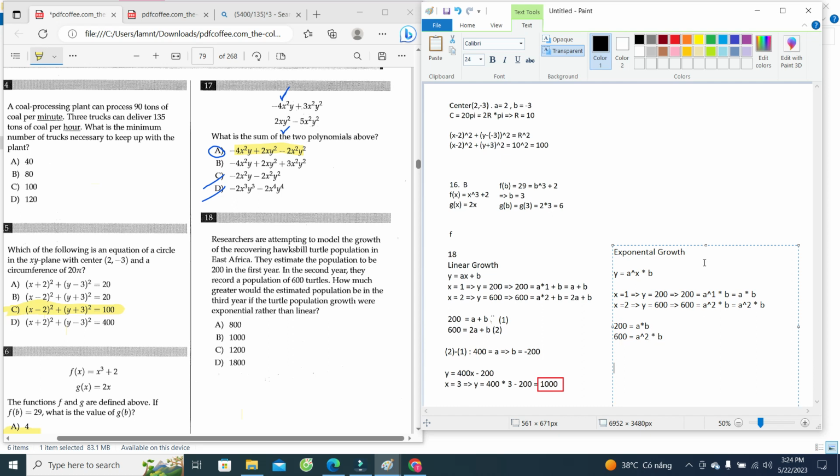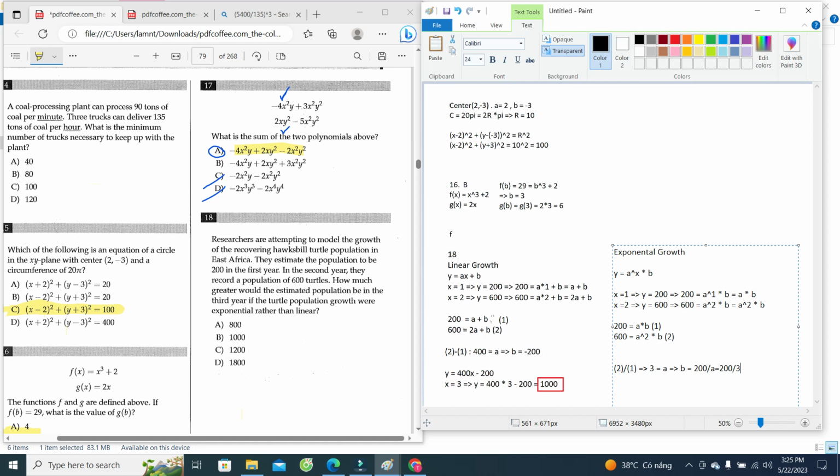If we call this one 1 and this one 2, then if we take 2 and divide it by 1, we get 3 equal to a. And so b is going to be equal to 200 over a, so it's 200 over 3, right?